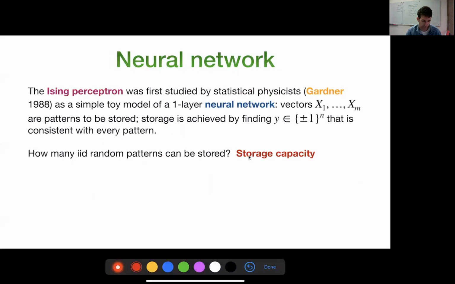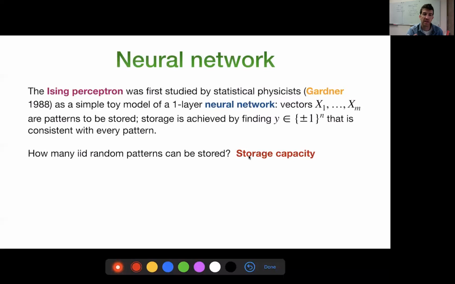Okay, what does this have to do with a neural network? Well, this Ising perceptron was first studied in statistical physics by Elizabeth Gardner in particular, as a simple model of a one-layer neural network. These Gaussian vectors were patterns to be stored, and you say you store these vectors if you find a set of weights, y, on the Hamming cube, that is consistent with every single pattern.